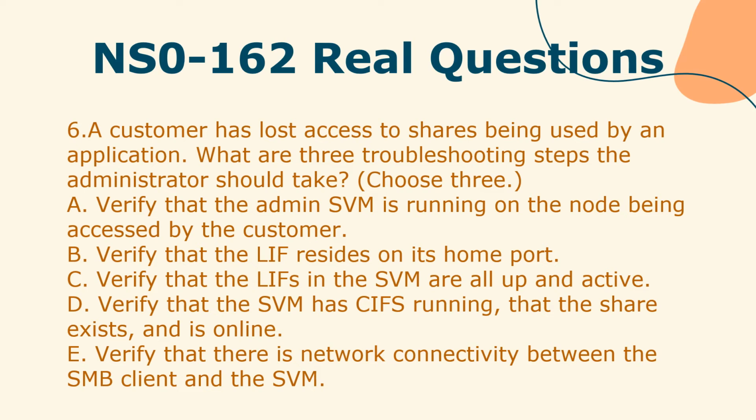C. Verify that the LIFs in the SVM are all up and active. D. Verify that the SVM has CIFS running, that the share exists, and is online. E. Verify that there is network connectivity between the SMB client and the SVM.